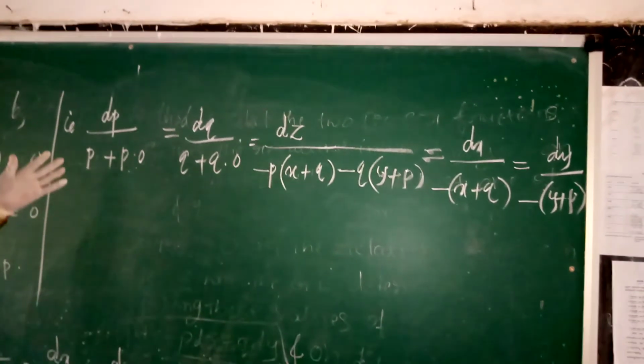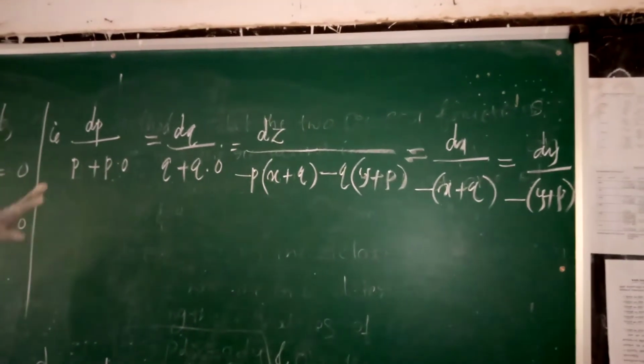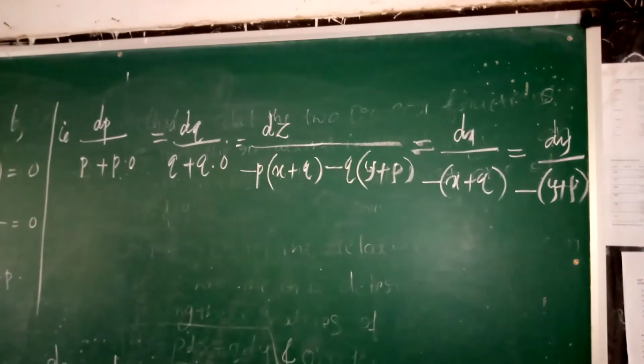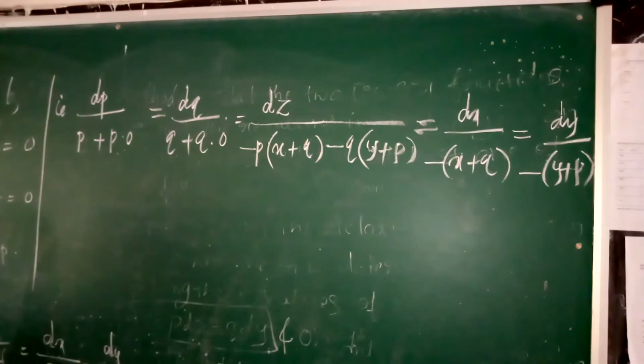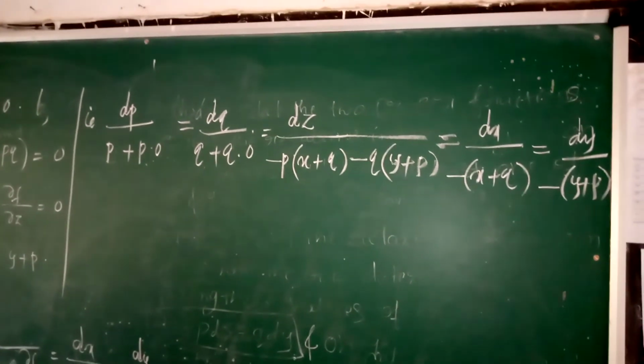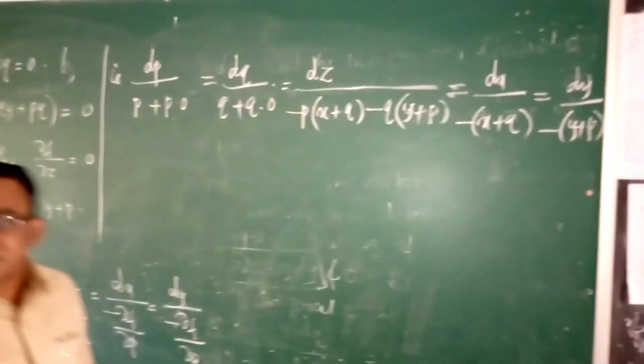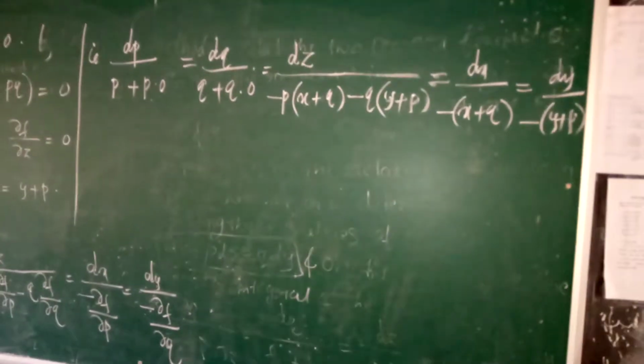Among these, just observe the first two. It is dp/p = dq/q. One can easily integrate them, so you just choose the first and second ratios.